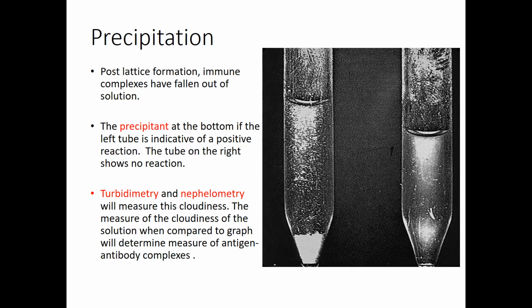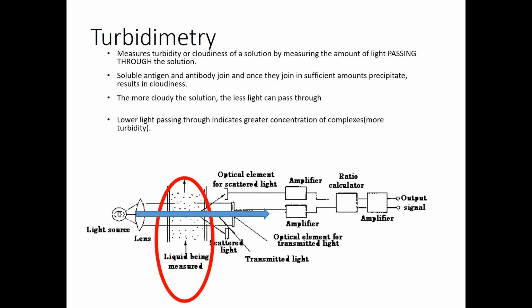And we can compare that to shining a light towards a very heavy curtain, and very little light passes through that. That would be analogous to a turbidimetric measurement where a great deal of immune complexes formed so that light didn't pass through. So let's look at the turbidimetric test methodology.